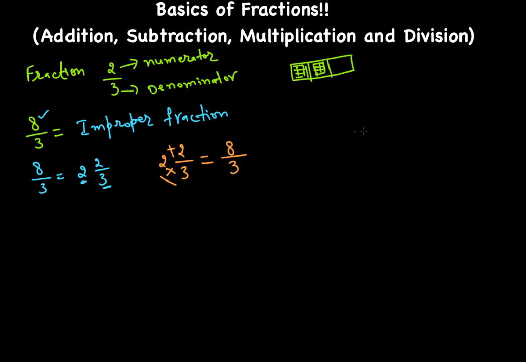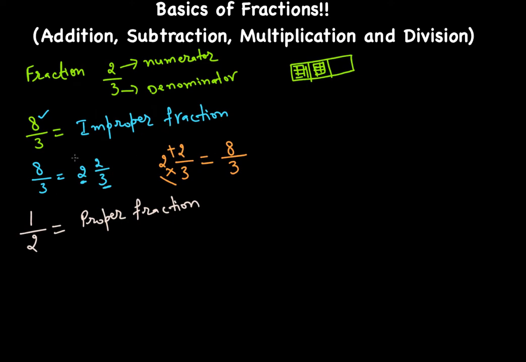Now let's say you have another fraction, 1/2, in which the numerator is smaller than the denominator. Those kinds of fractions we call proper fractions. If the numerator is smaller than the denominator, it's a proper fraction. If the numerator is bigger than the denominator, then it's an improper fraction.